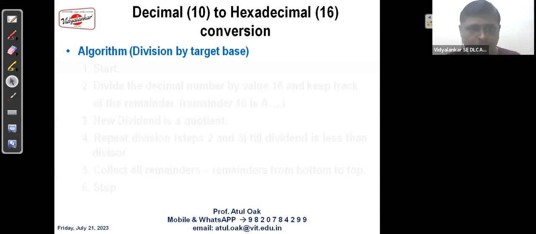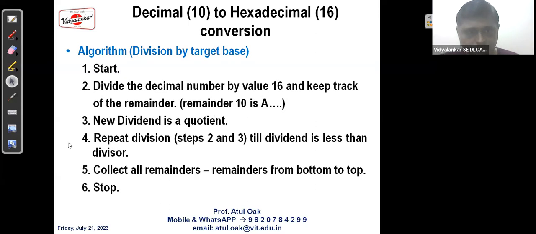The process remains the same. Observe it. So we divide the decimal number by 16. The only fundamental difference is you divide by 16 instead of 2 or instead of 8.